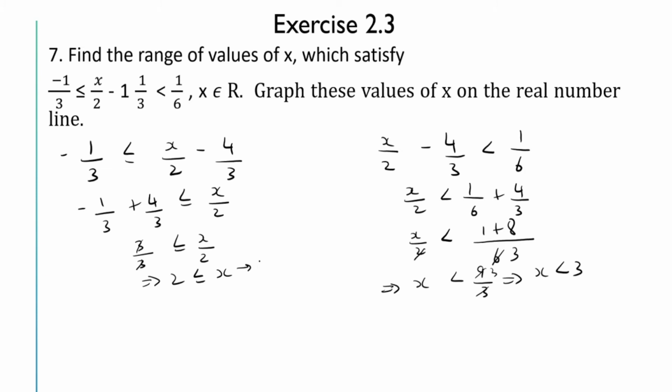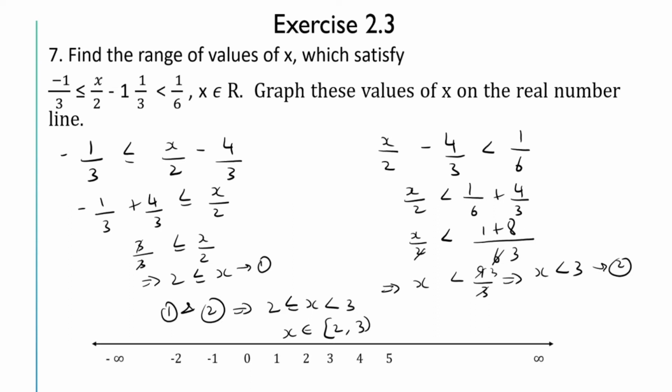So from 1 and 2 we get 2 less than or equal to x less than 3. So the solution set is x belongs to closed 2, comma open 3. So we are asked to graph these values on the real number line. So this is the number line. We have x belongs to closed 2, open 3.